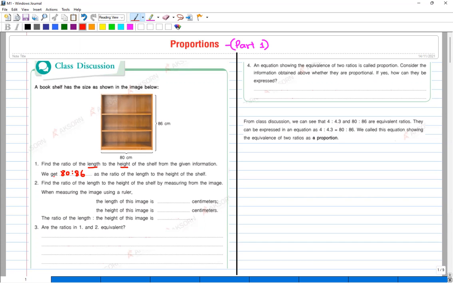Now, that is the ratio that we have. Part two, find the ratio of the length to the height of the shelf by measuring from the image. Now, we are going to measure this image and see what is the length and height. Okay, please get your ruler and go ahead and measure the length and the height.